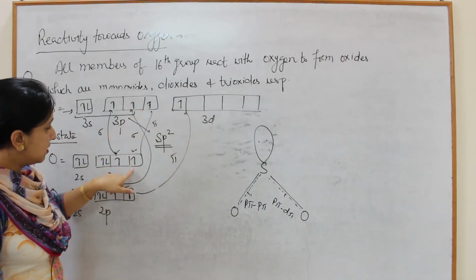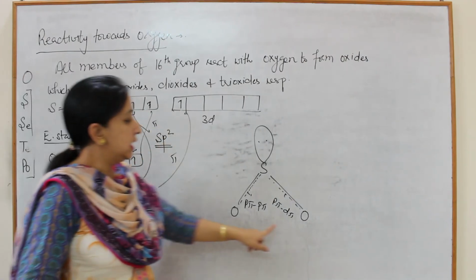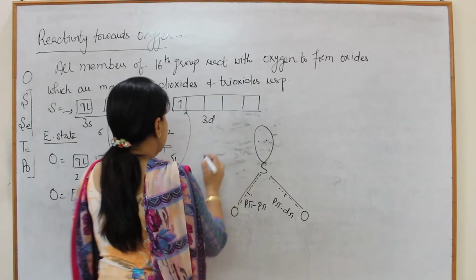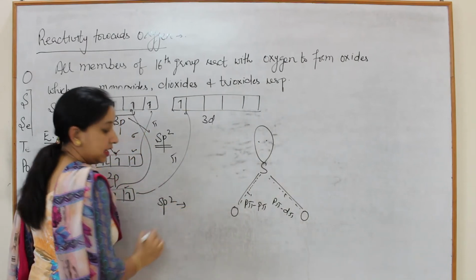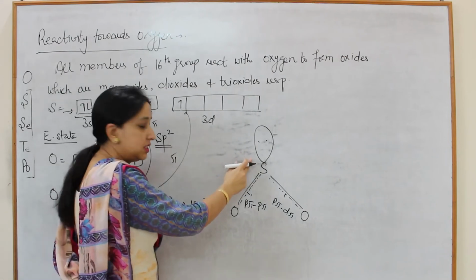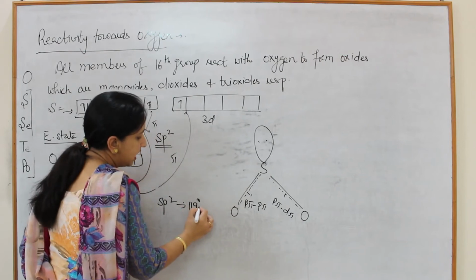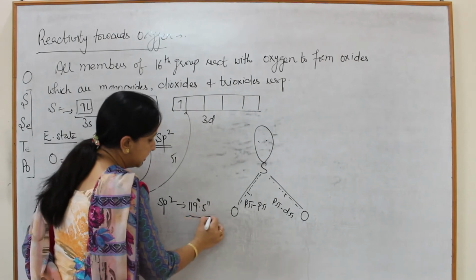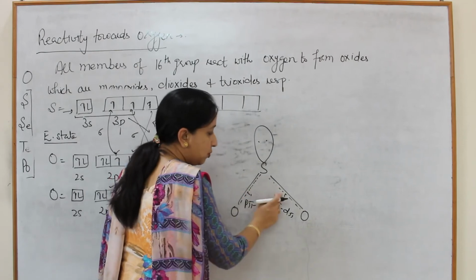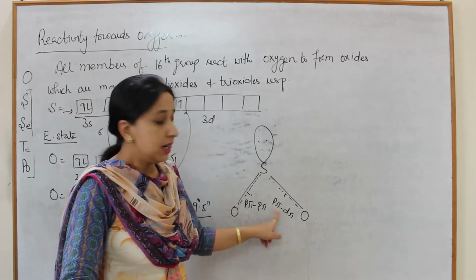So this bond will be p pi-p pi and this bond will be p pi-d pi. Because of the presence of this lone pair, bond angle in sp2 hybridization is 120 degree, but it is reduced to approximately 119 degree 5 minutes. So next question is, these two bonds are different because one is p pi-p pi and second is p pi-d pi.